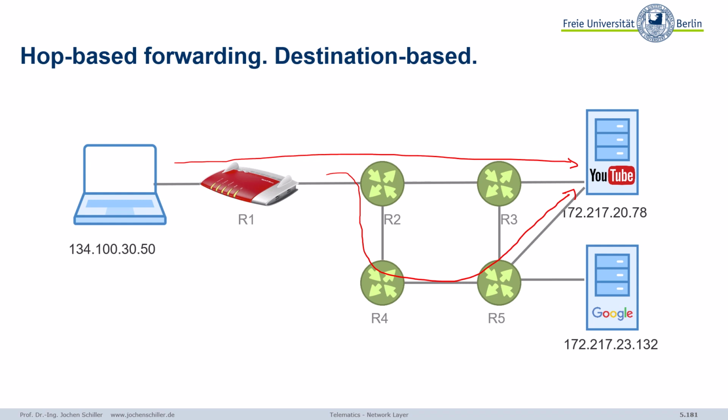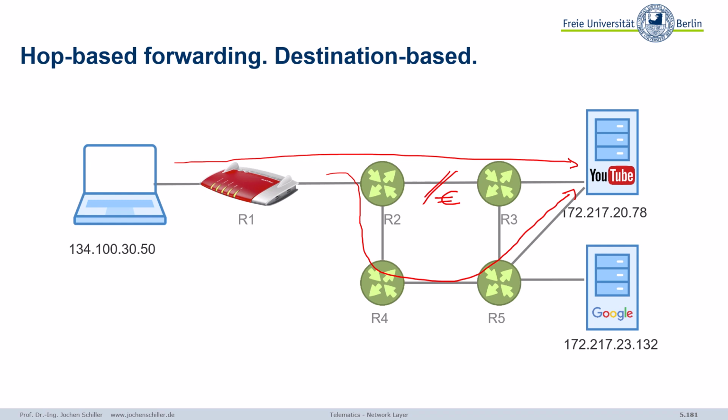Maybe someone cut the wire. Or this path is too expensive. Or you don't like some provider of a network. Or you have secret data and you don't want it following a path through a hostile country, whatever. We will come back to these issues.